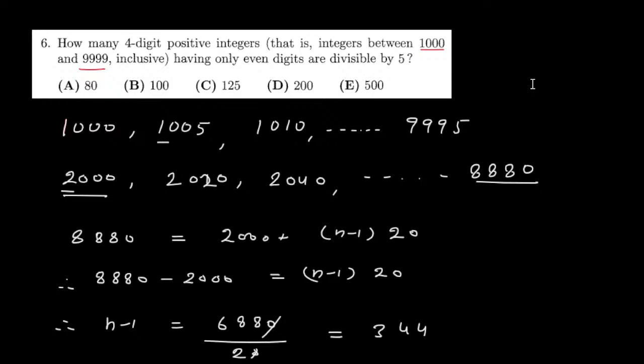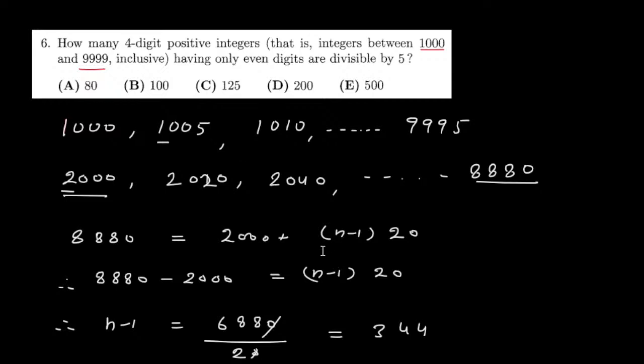Now in the multiples of 10, there are some multiples of 10, but I think how many 4-digit positive integers between 1000 and 9999 having only even digits are divisible by 5.